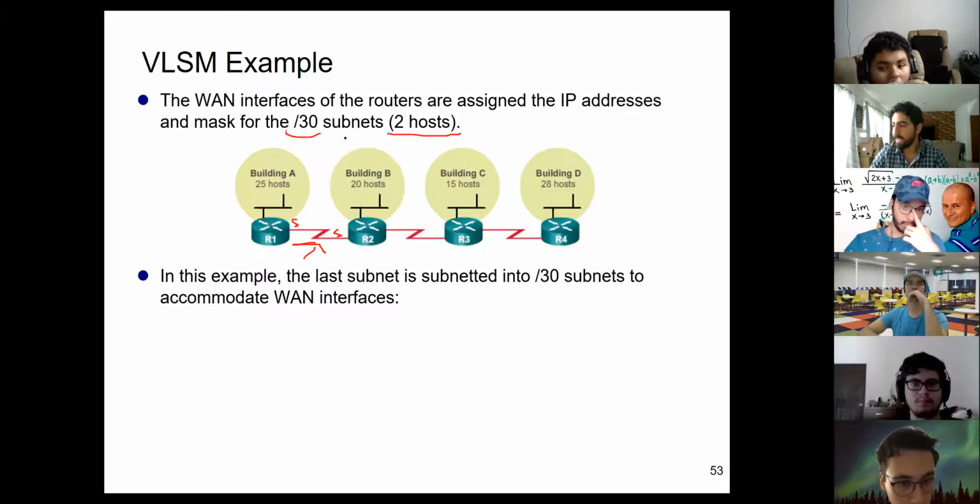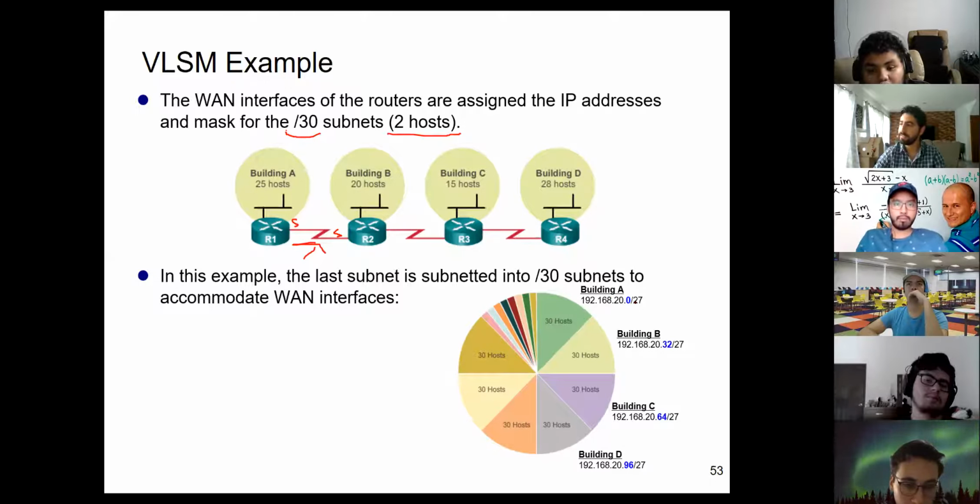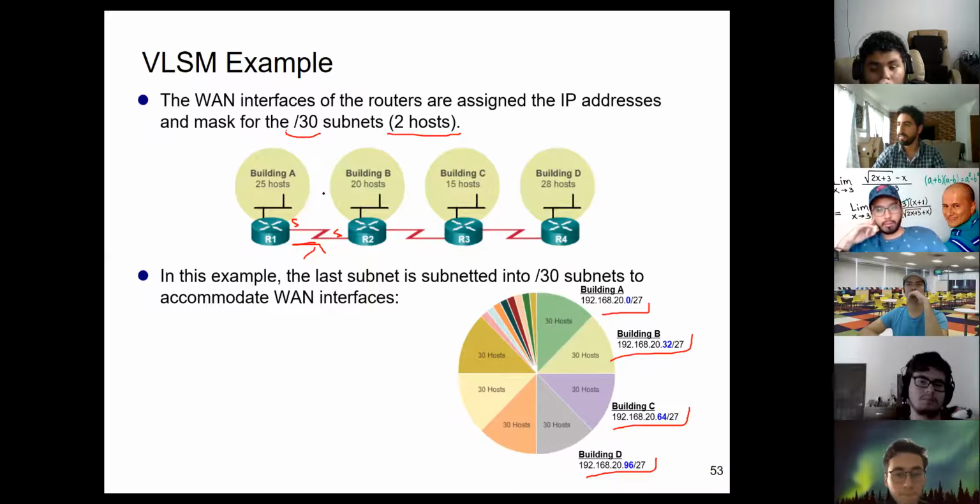So considering that, you can break your structure like this. For building A, you consider this subnet. For building B, this one. For building C, this one. Building D, this one. Because this gives you exactly the number of hosts that you require here. For example, you would have 25. You need 20. That's the only option you have. In building C, you have 15.